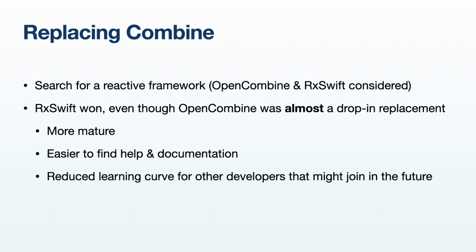Also importantly, we were currently the developers on that team, but it was likely that maybe other developers would be joining us also, and that might require us to use a framework that's more broadly known, so that developers coming in have a greater likelihood of them also knowing about RxSwift.